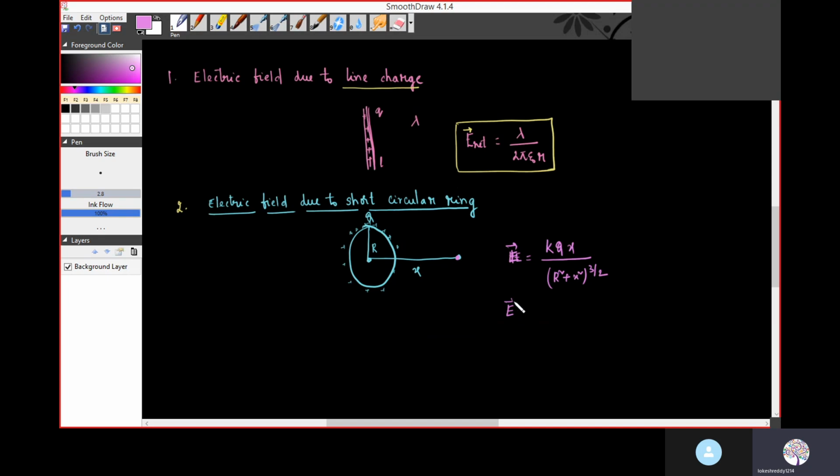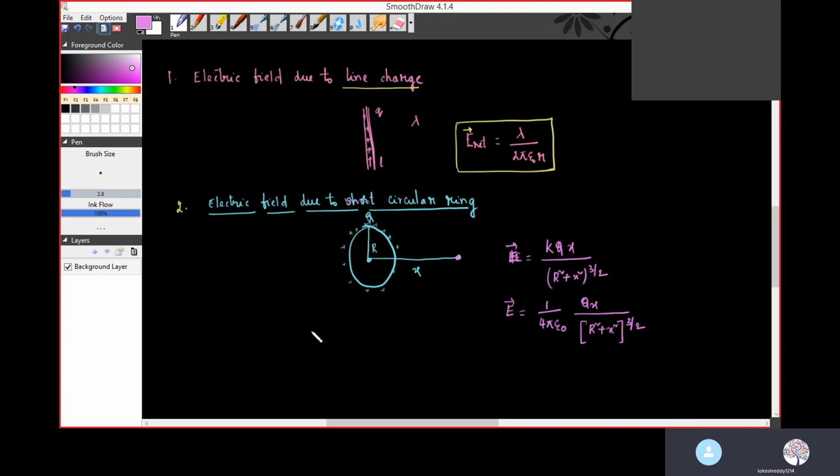Or else I can write E is equal to 1 by 4 pi epsilon naught, qx by (r square plus x square) whole power 3 by 2. That is the electric field due to a short circular ring, or just a circular ring.